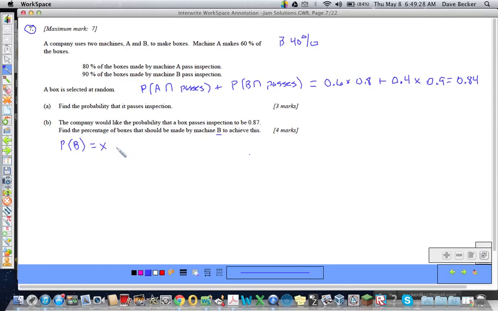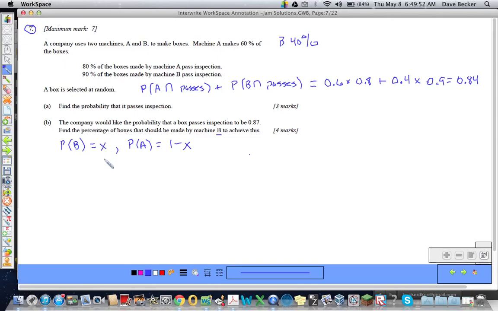Then the probability of A must be equal to 1 minus x, because we only have the two probabilities and they must add up to 100%. We're trying to find the percentage of B, and we're letting that represent x.